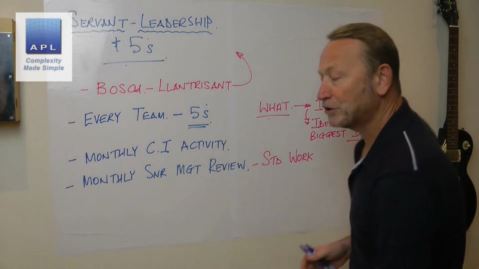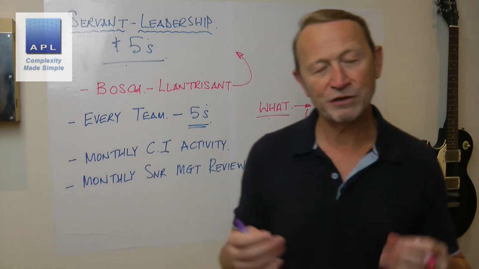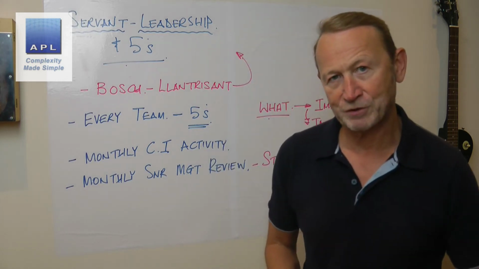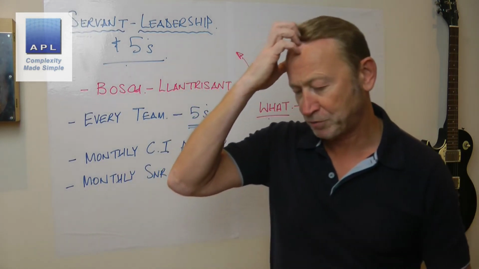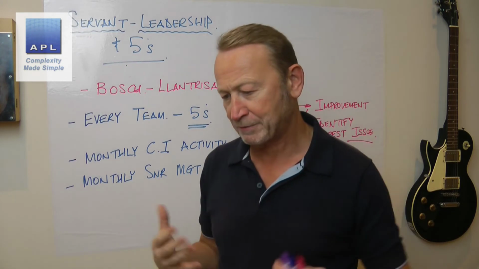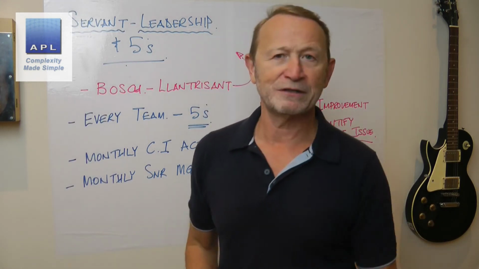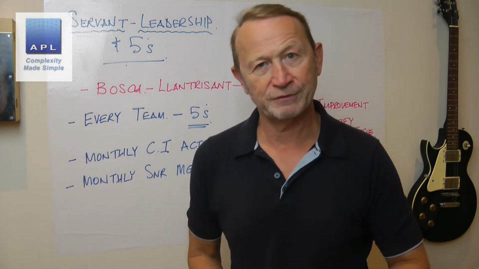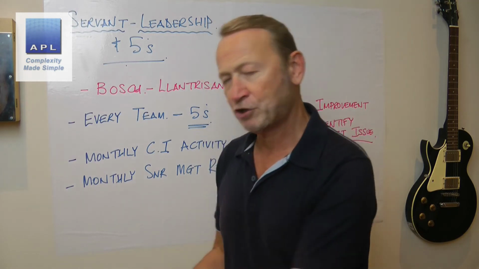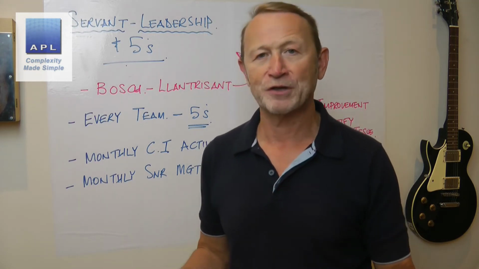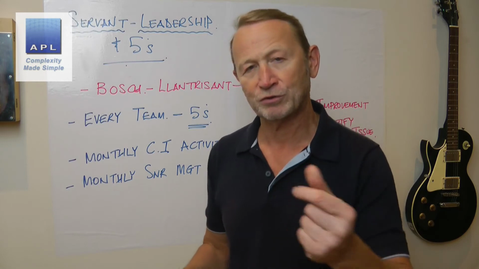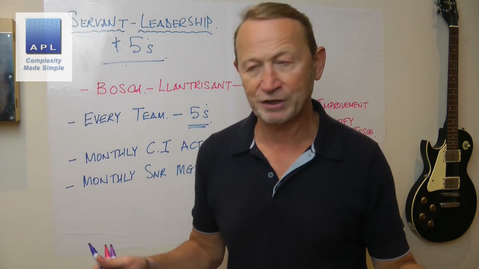So as part of this monthly review, they visit every team. The team presents to the senior management, and they say, our biggest problem is the reliability of this welding machine. That's our biggest problem. We currently have 5 hours a month of downtime, unscheduled breakdown type situation.